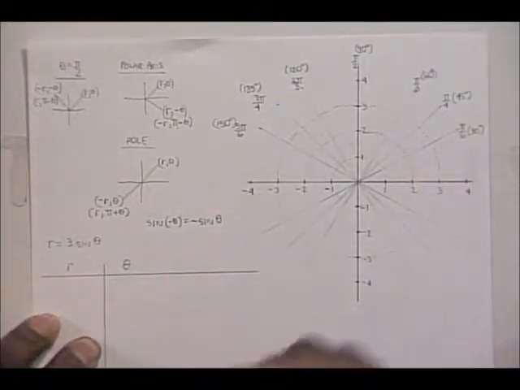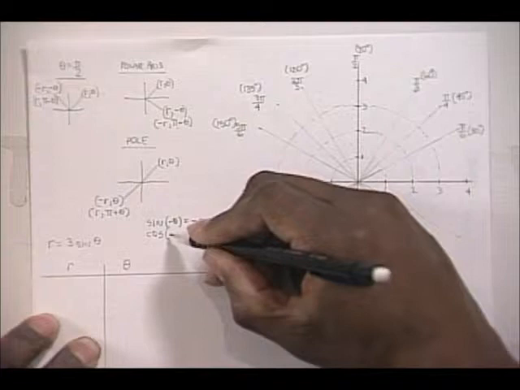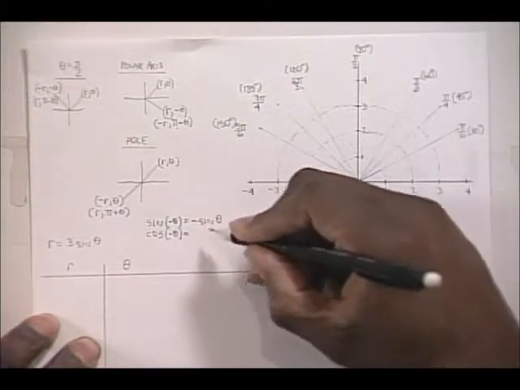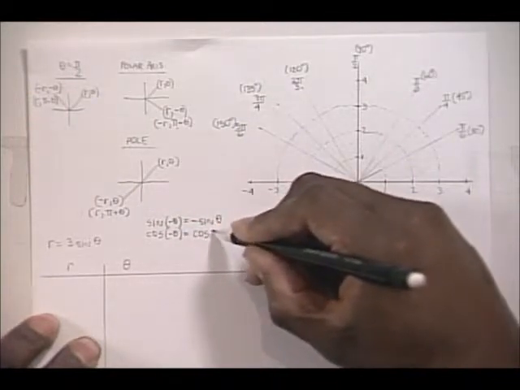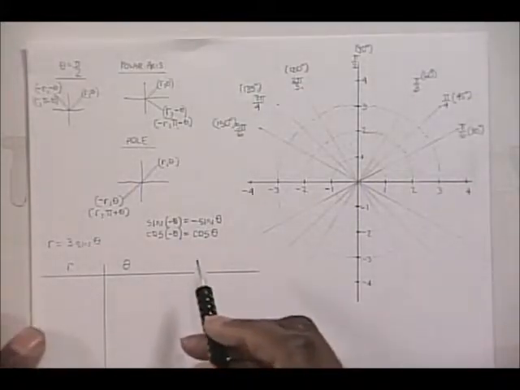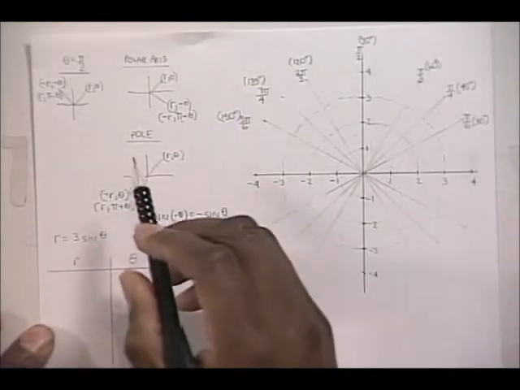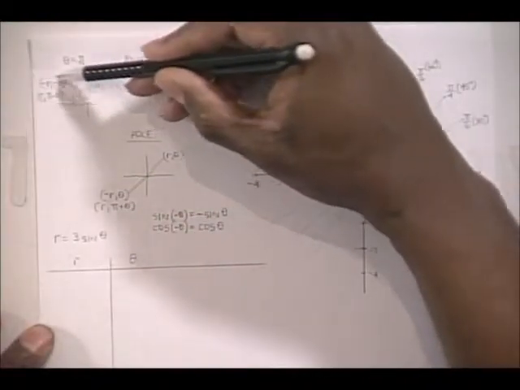I'd also ask my students to know ahead of time that cosine of negative theta is equal to cosine of theta.